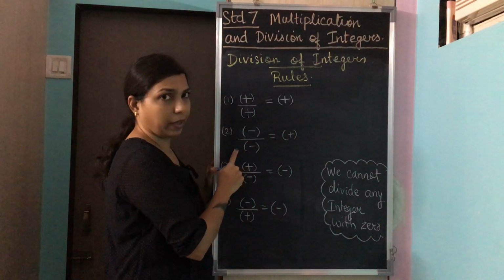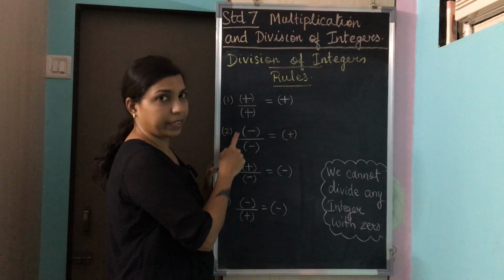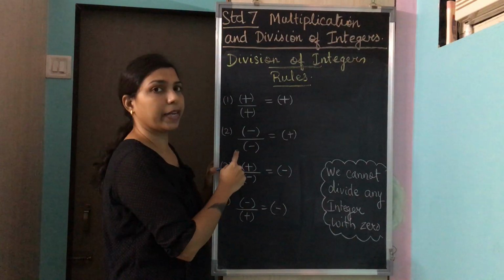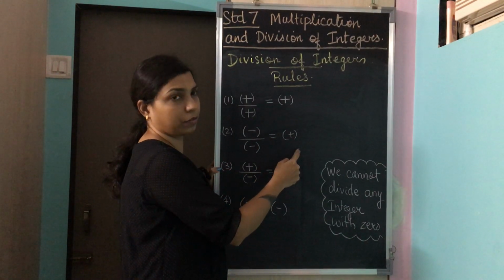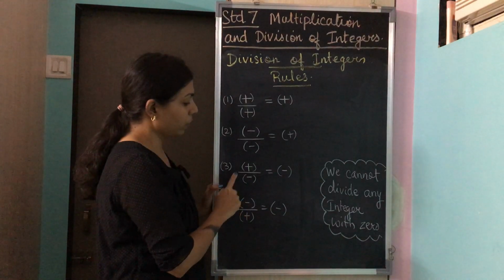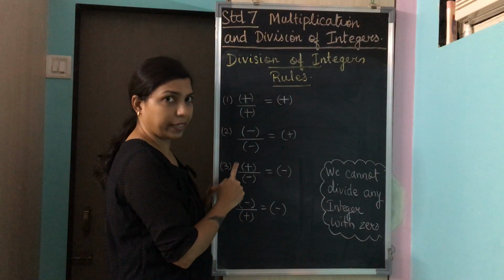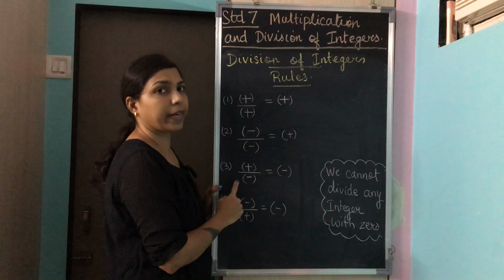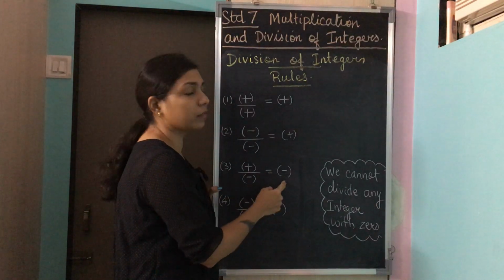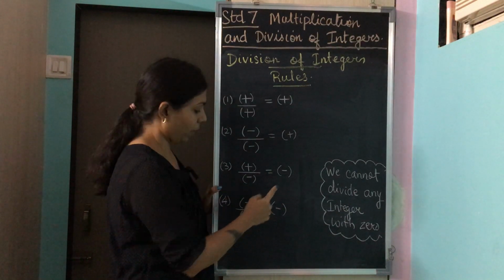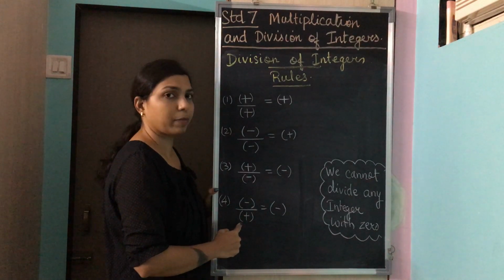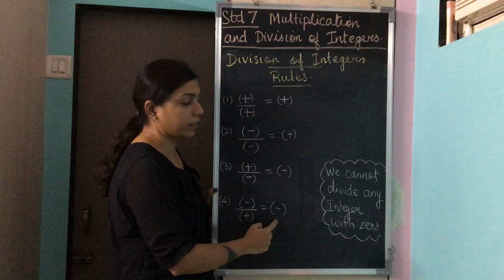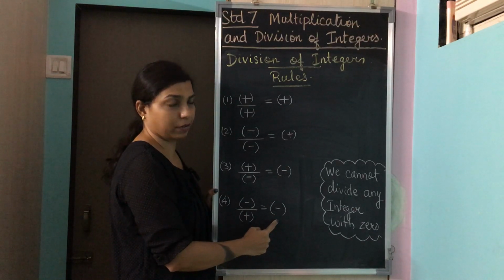The second rule, a negative integer divided by another negative integer, your answer is going to be positive. The third rule, when you have a positive integer divided by a negative integer, then your answer is going to be negative. And finally, when you have a negative integer that is divided by a positive integer, your answer is going to be negative.